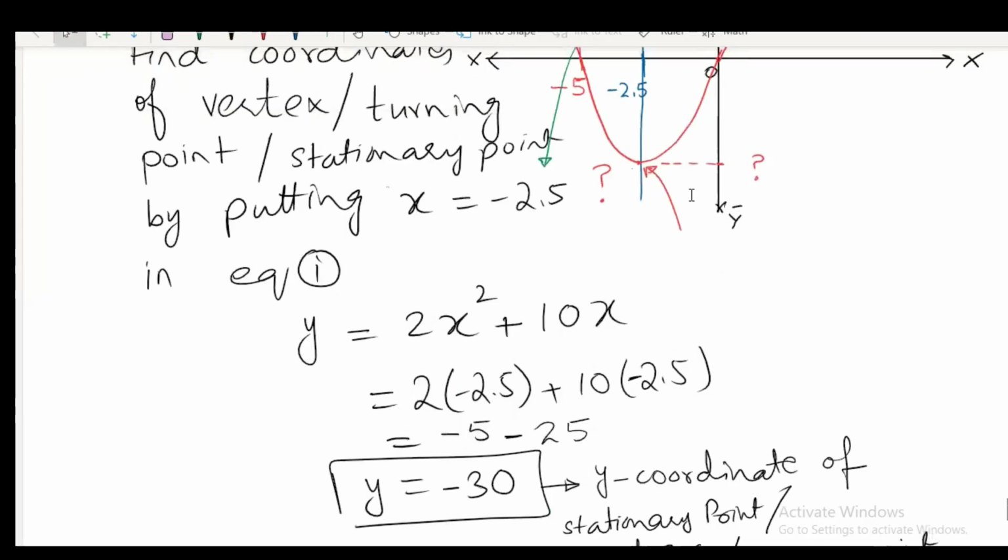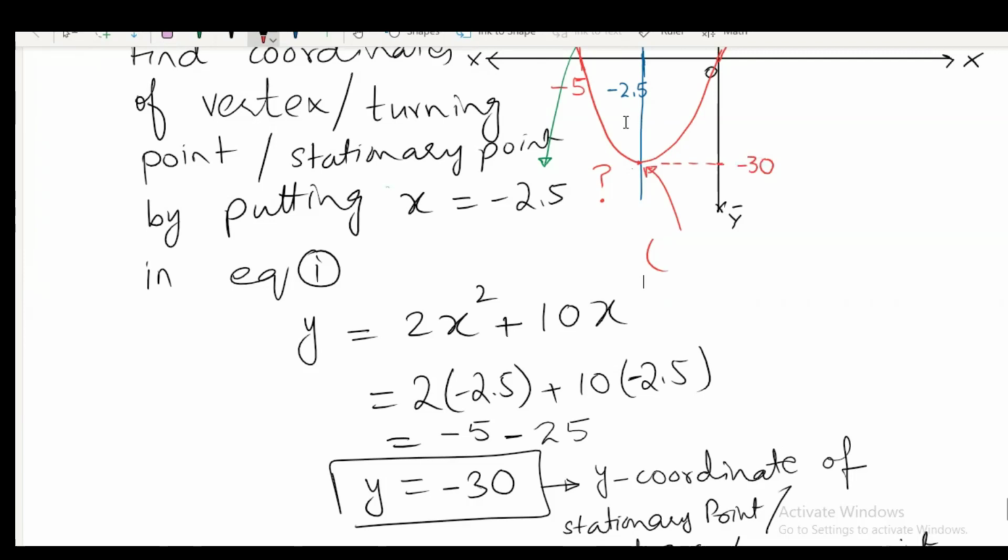This is a minimum value function. So remove this question mark. The value of y is minus 30 here, so I'm going to write minus 30. And the coordinates are minus 2.5 as x and minus 30 as y.